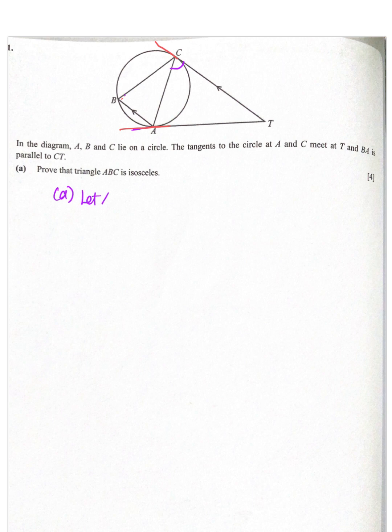Alright, so first of all, I let this be theta. So let angle TCA equal theta. Therefore, angle CAB is also equal to theta because of alternate angles. Why? Because it told you that BA is parallel to CT.